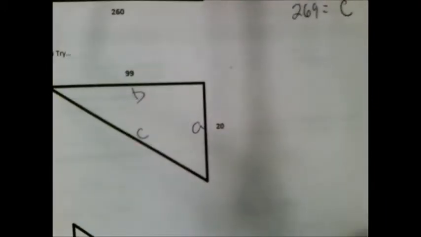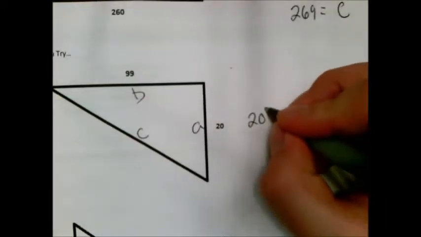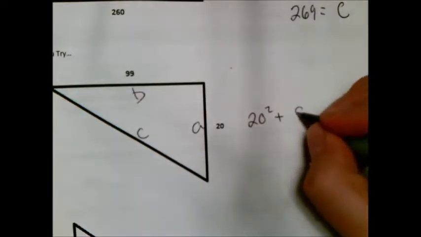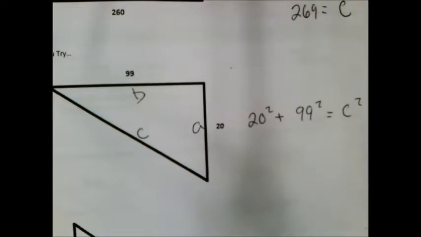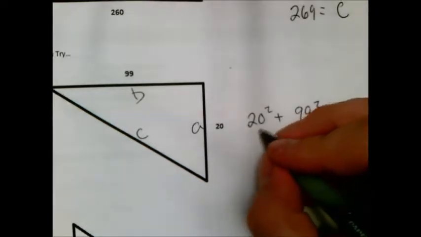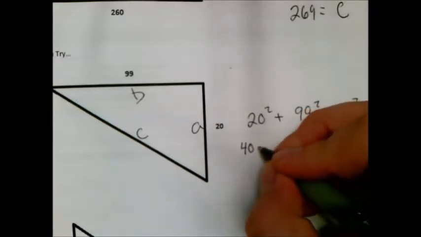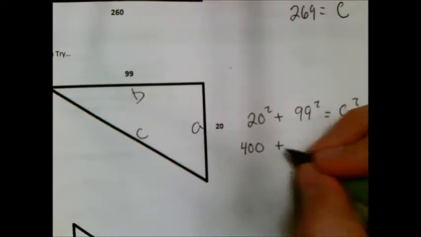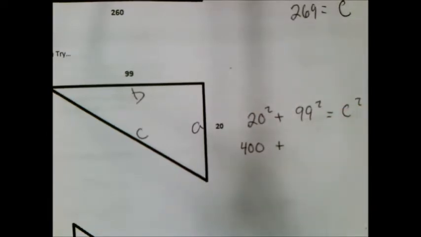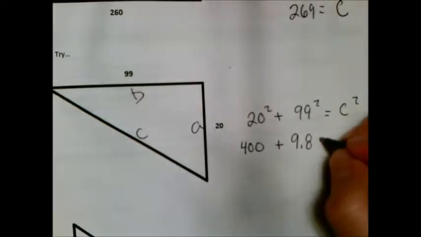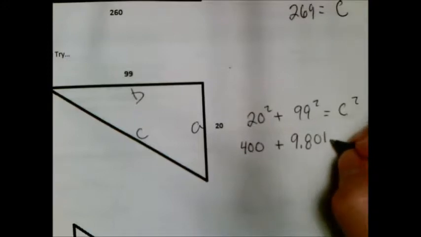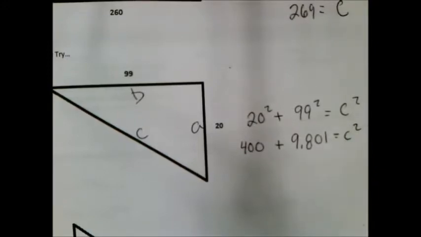Okay? That means that 20 squared plus 99 squared should give us C squared. So this should be 400 plus 9,801 equals C squared.